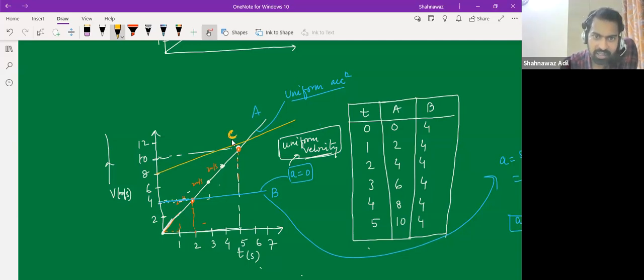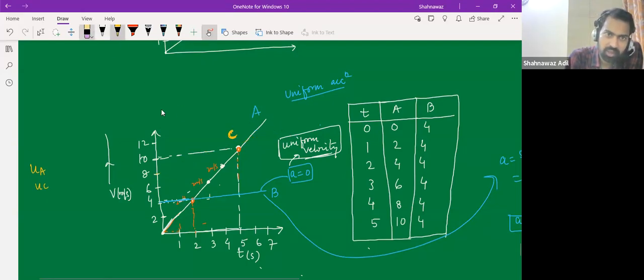Now looking at C and A, who has greater initial velocity, UA or UC? Let me bring this diagram so that it is more clear. So let me draw the diagram like this.